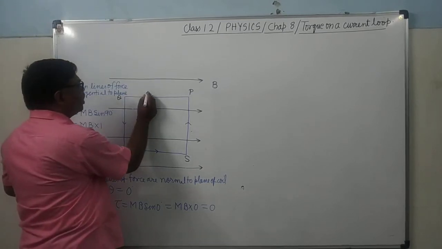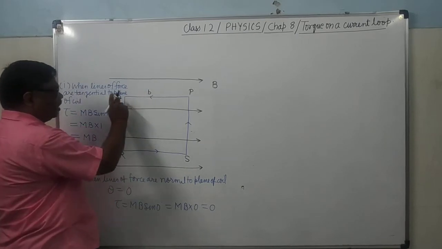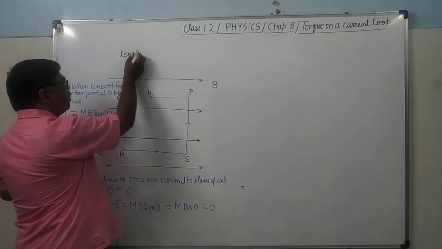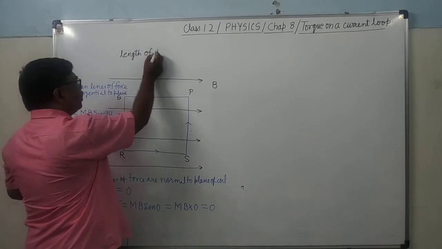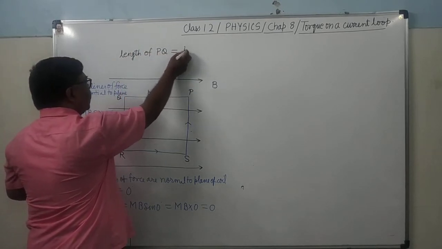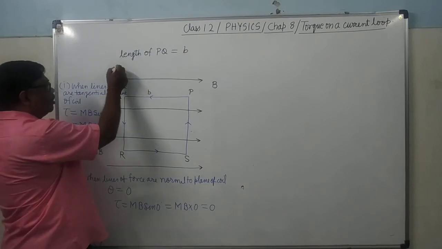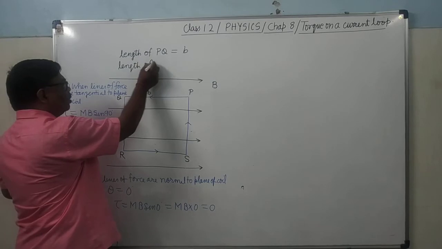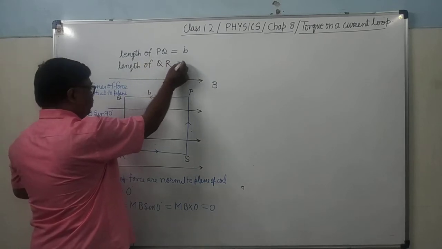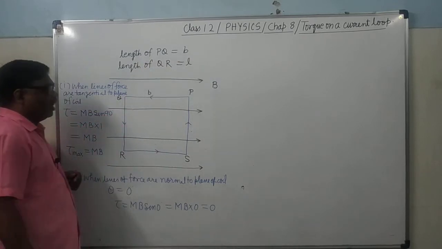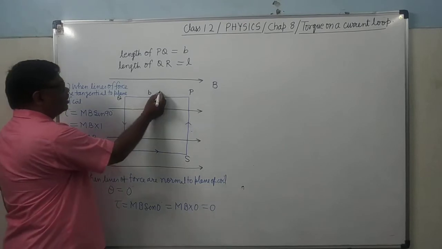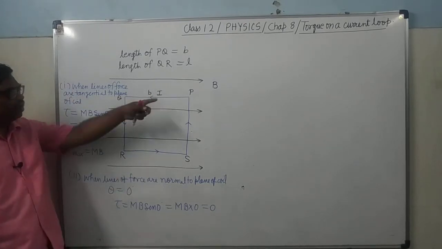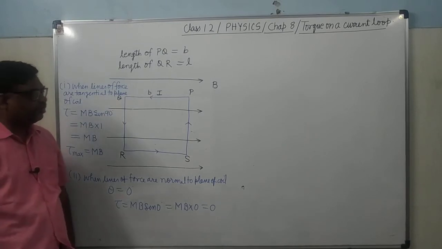I have taken the length of PQ as b, and the length of QR will be equal to L. And the current flowing is I.